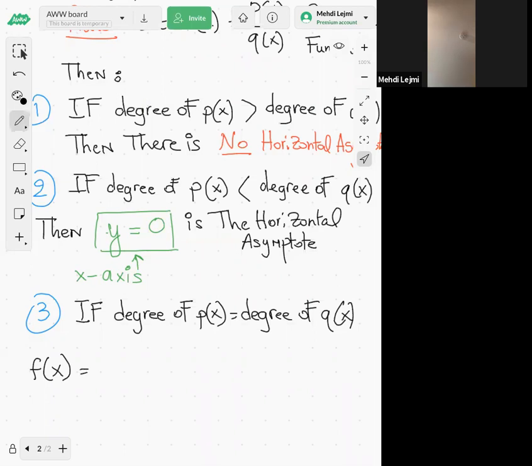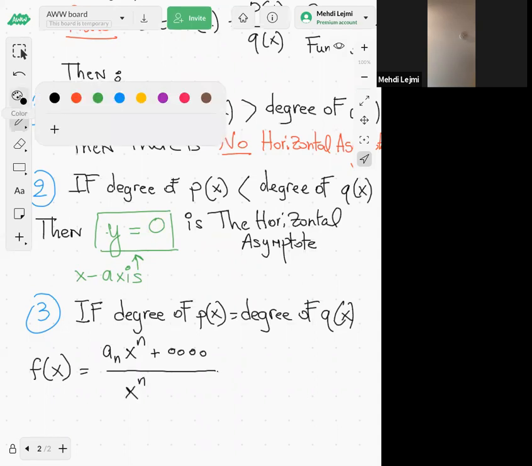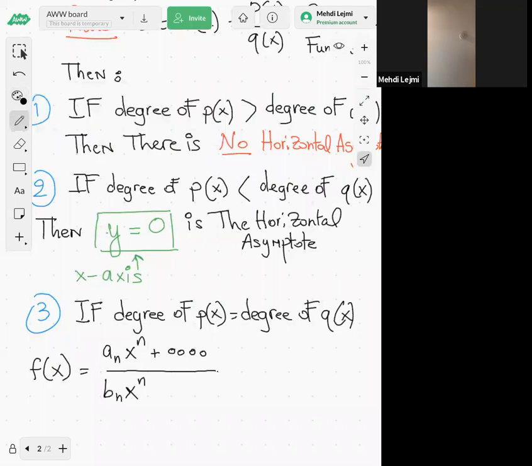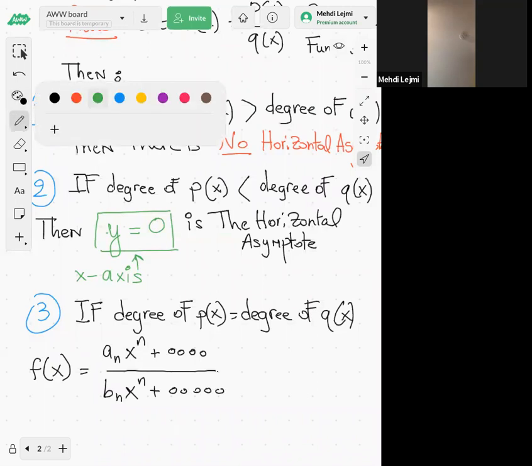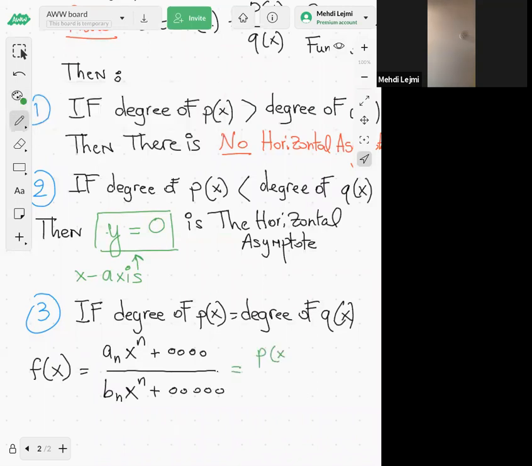So you're going to have x to the power n in the top with a leading coefficient a subscript n, plus etc. And in the bottom it's also x to the power n, but a different leading coefficient, b subscript n, plus etc. This is p of x over q of x.